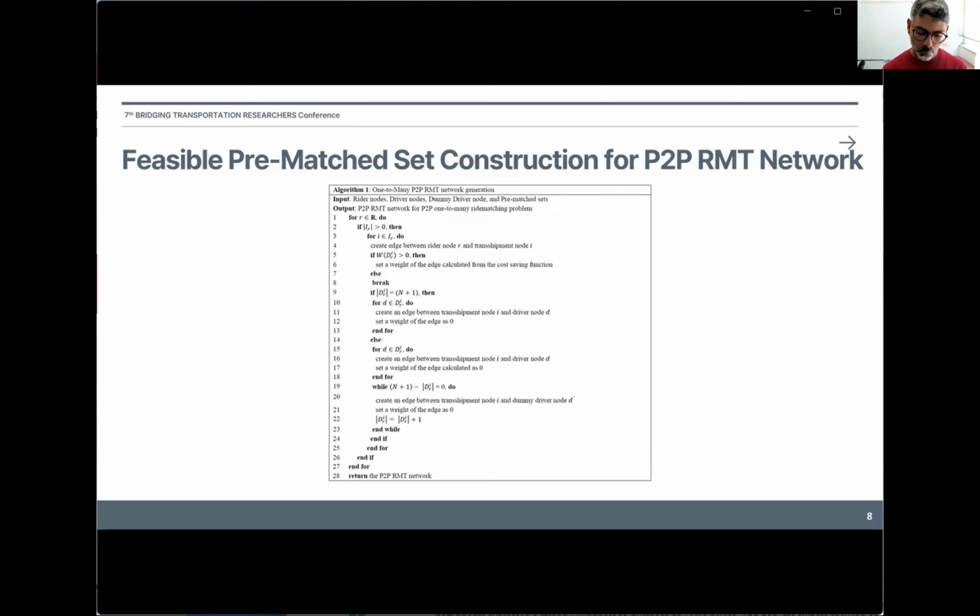For each rider, create edges to transshipment nodes, each representing one possible way the rider can ride share. Assign a cost saving to each of those possibilities. Then connect those transshipment nodes to the specific drivers involved in that possibility.